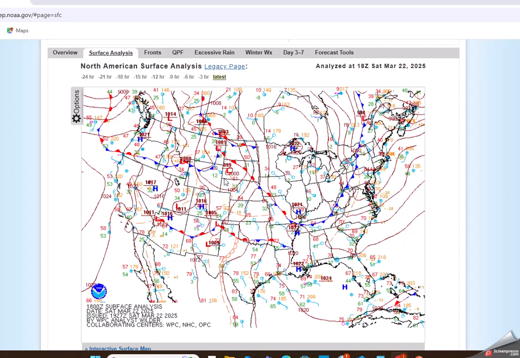And you can see temperatures on one side of it are in the 60s, another side are in the 30s, even the 20s, and even to the north, some teens. So think about it, there's 40 to 50 degrees of temperature contrast across a relatively short area here. So that is one of the keys to identifying an extratropical low.